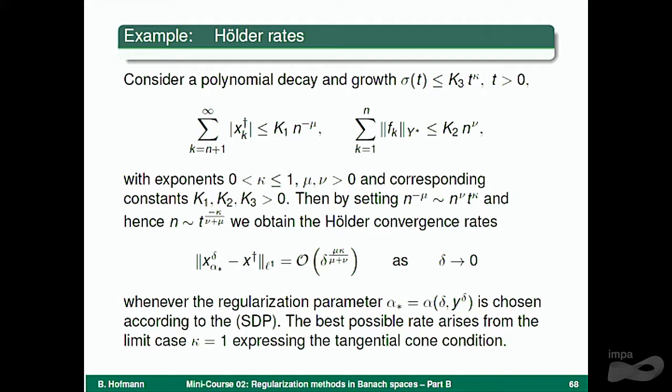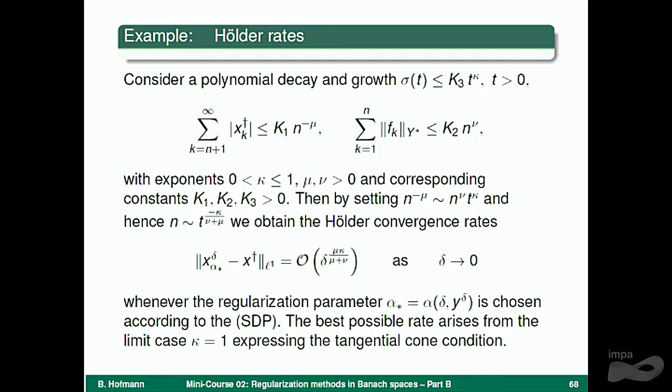So we have three parameters, mu, nu, and kappa. And this kappa is between 0 and 1. And nu and mu are greater than 0. And one can show then, from this general theory, we get such a rate. And you see here this rate is mu times kappa divided by mu plus nu. If nu goes to infinity, this gets smaller and smaller. If mu goes to 0, then this also gets smaller and smaller.